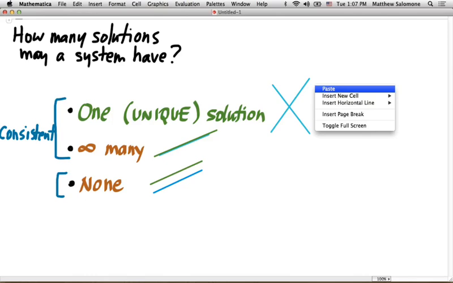The no solution case is still inconsistent. And then the uniqueness is the only thing that differentiates the first 2 cases. Where there is one solution and only one solution, we say that solution is unique. When there are infinitely many, we just say that the solution is not unique.